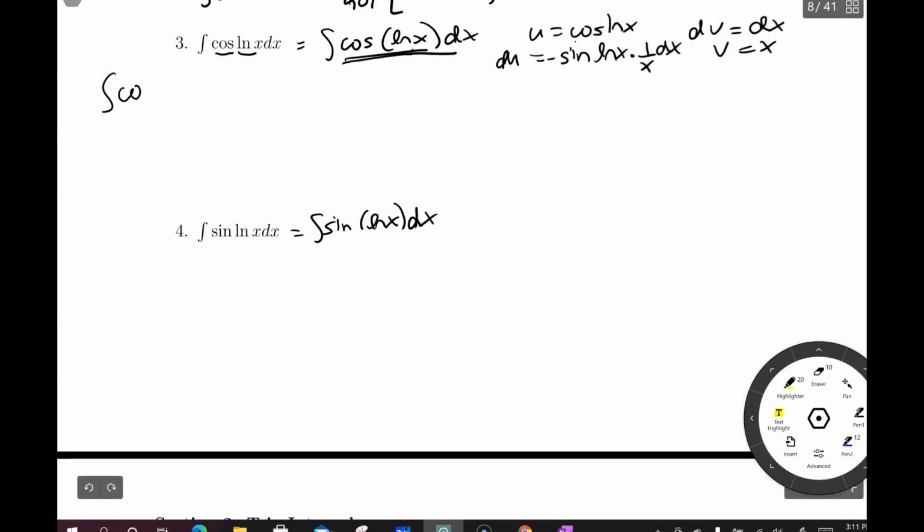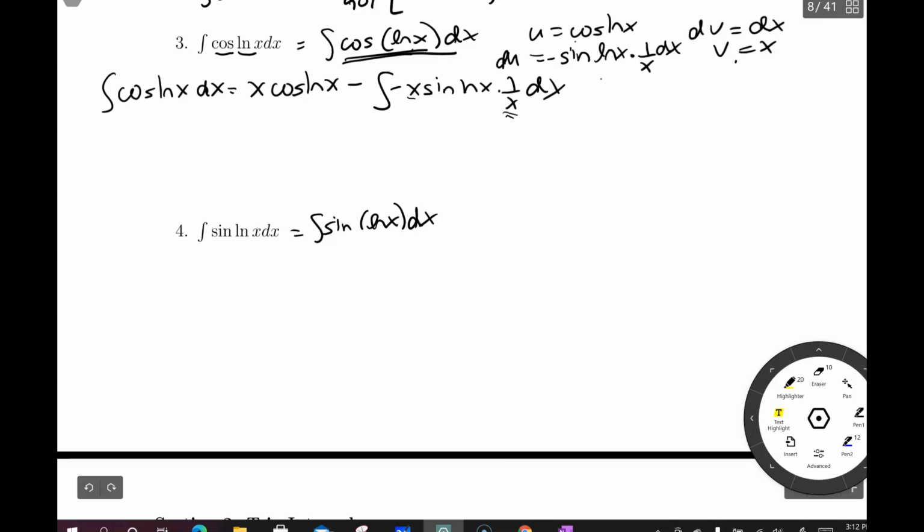So there's lots to be careful with in this kind of problem. So I start off with this equal uv minus the integral of v du. So I'd have a negative x sine ln of x times a 1 over x dx.